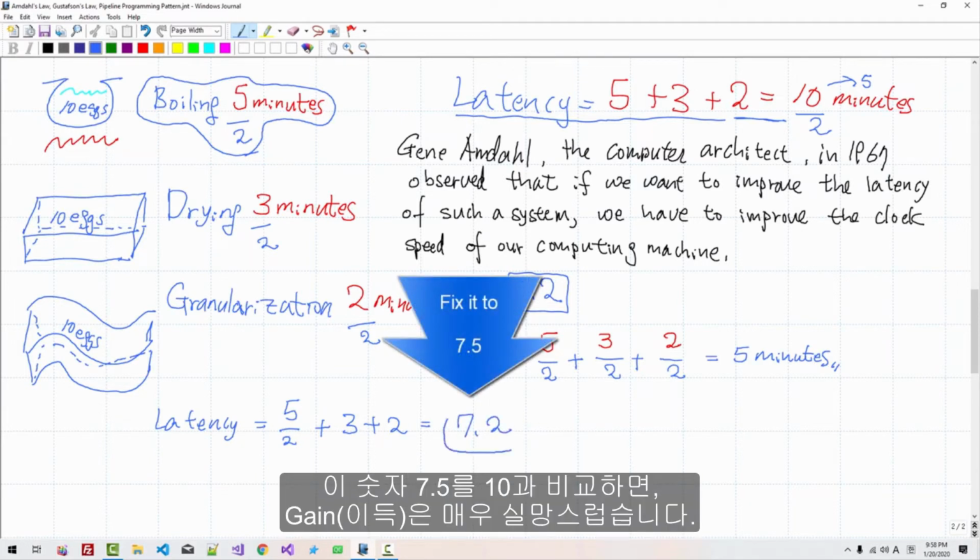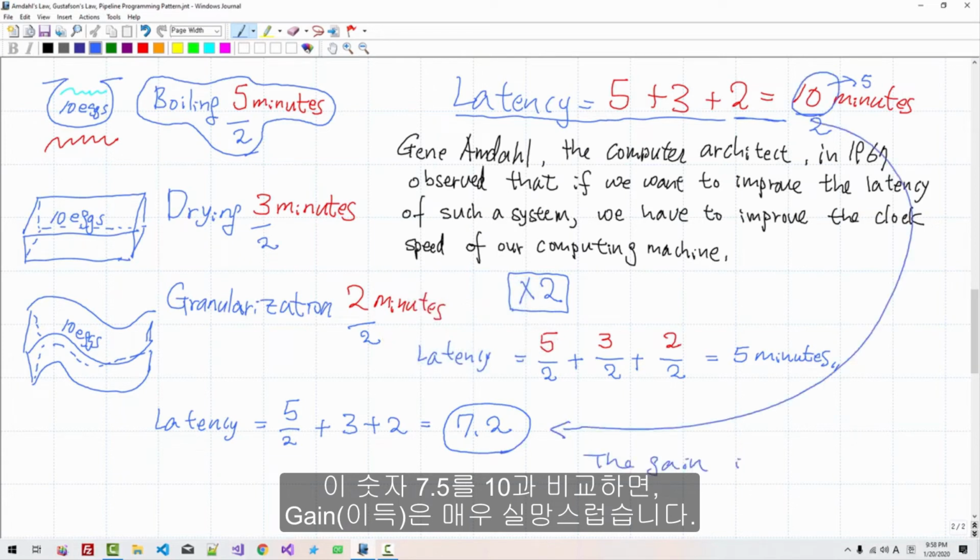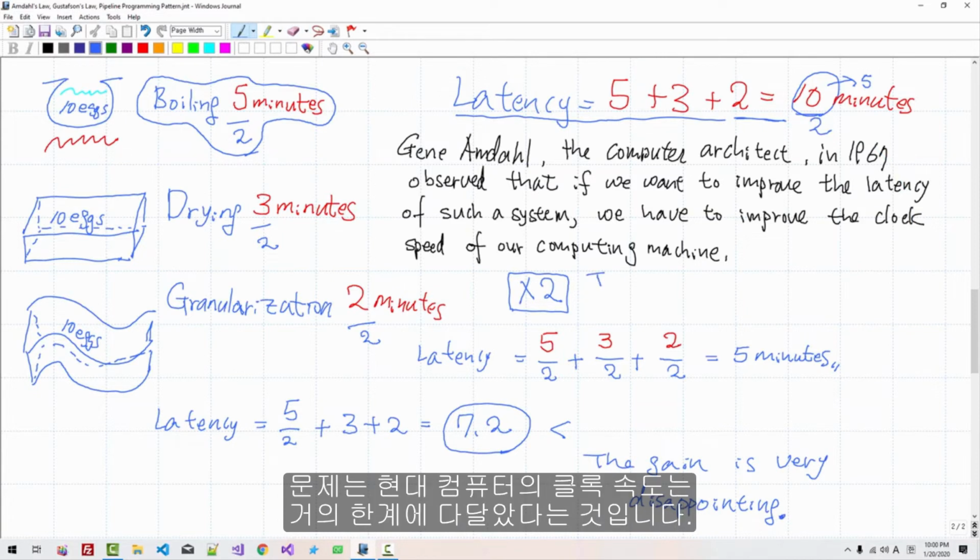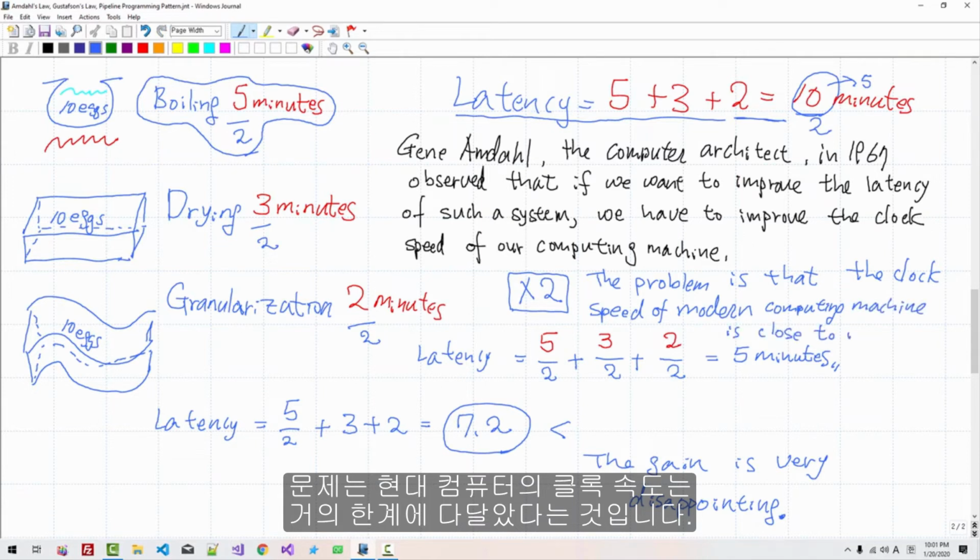If we compare this number with 10, the gain is very disappointing. The problem is that the clock speed of modern computing machines is close to its limit.